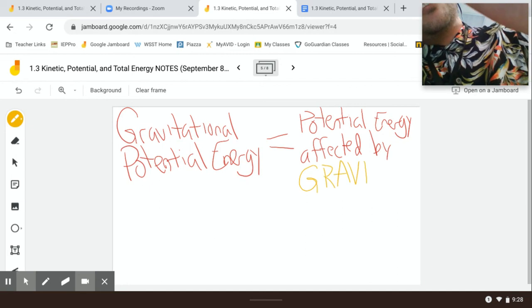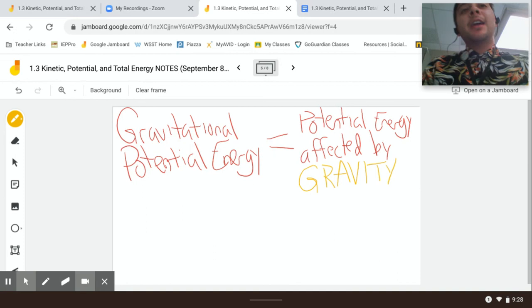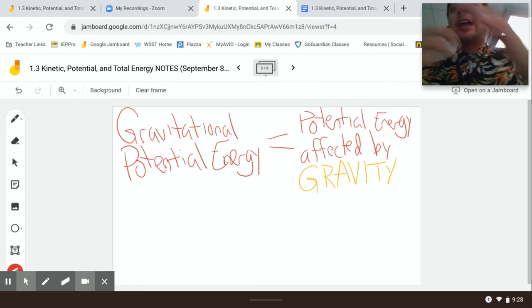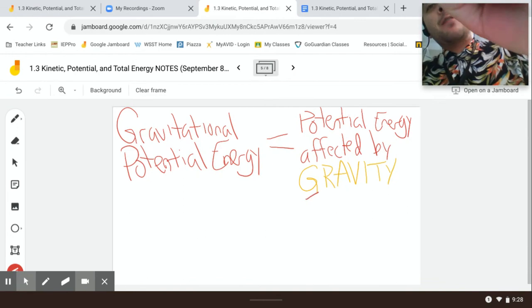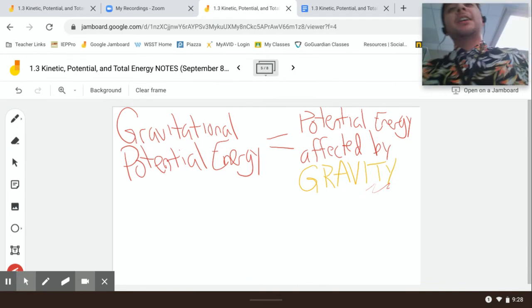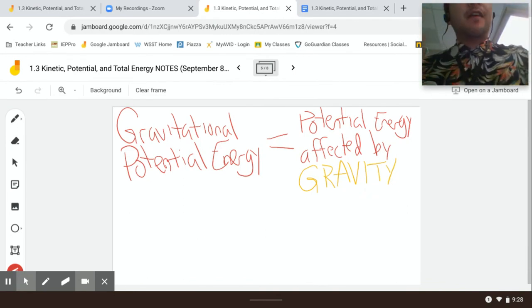So we know kinetic energy is releasing energy when things are moving, and we know potential energy is storing energy when it's still, when it's not moving. So specifically, gravitational potential energy is potential energy affected by gravity.